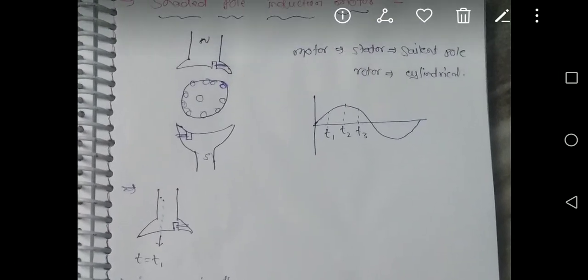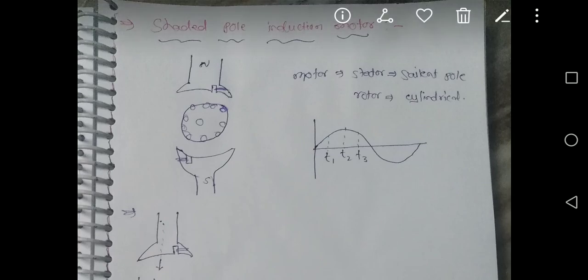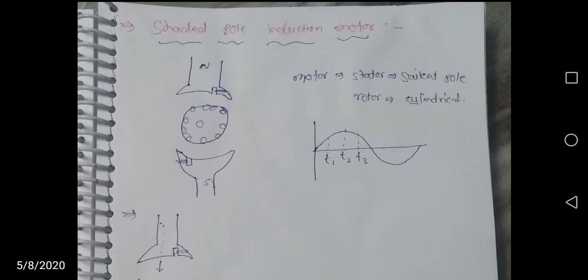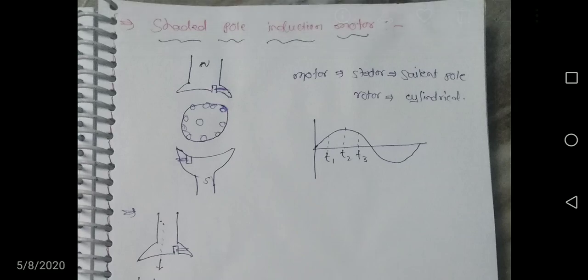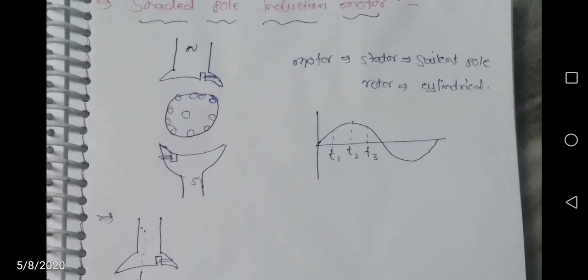Next is the shaded pole type induction machine. In a shaded pole induction machine, the stator is a salient pole stator and the rotor is cylindrical type.